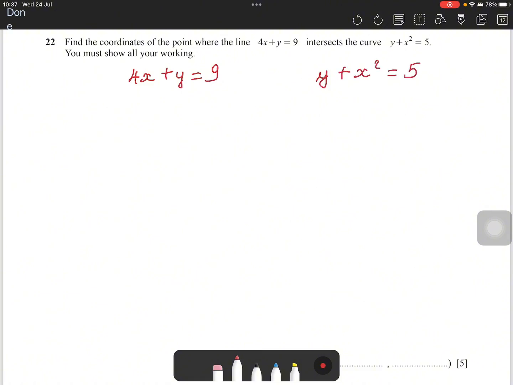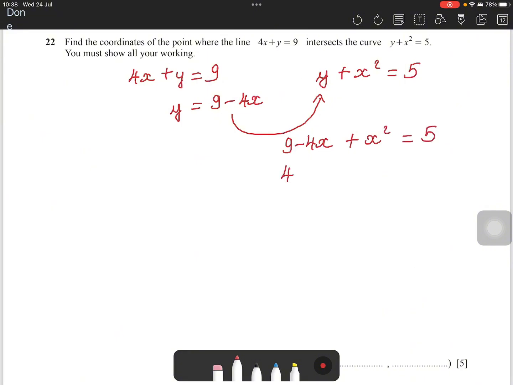Intersects the curve at y plus x squared equals 5. So from the first equation, we see that y is equal to 9 minus 4x. And I'll substitute this into y plus x squared equals 5. So we know that 9 minus 4x plus x squared equals 5. I'll subtract both sides by 5.